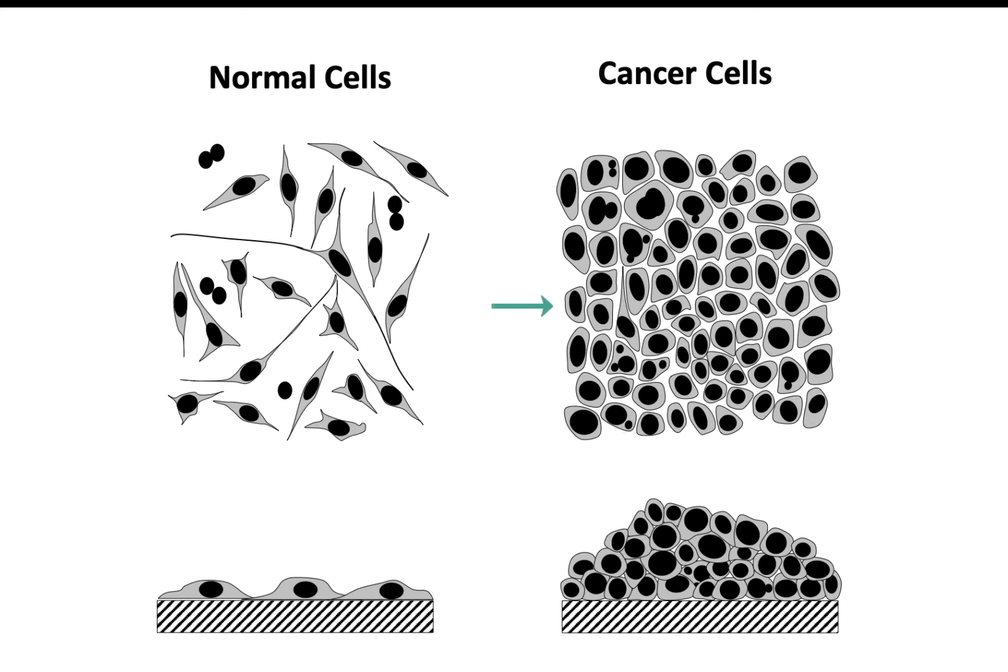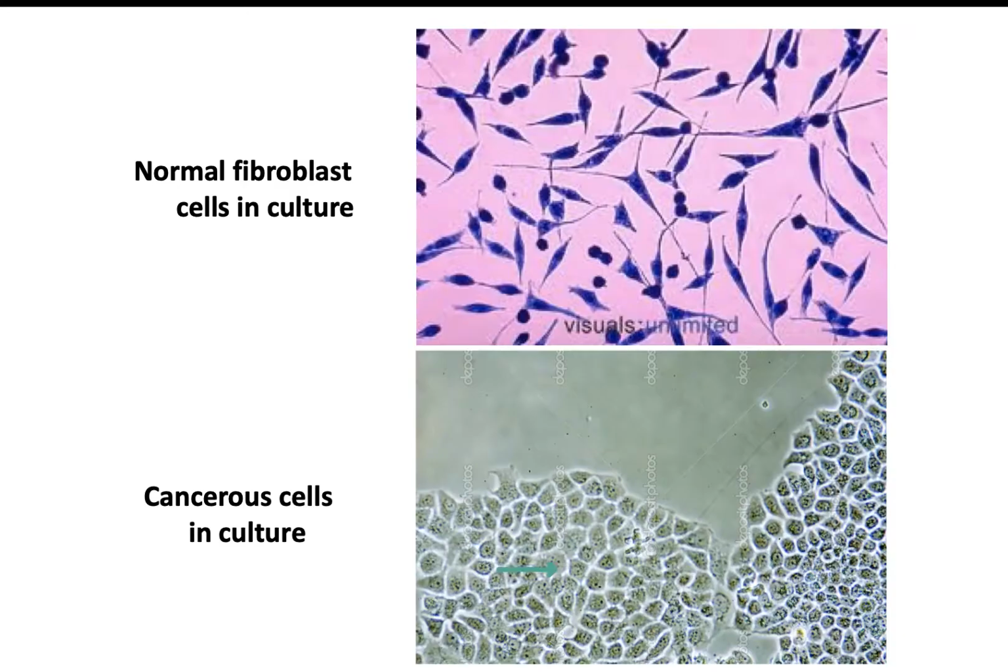Furthermore, they keep growing until they've reached the limit of the Petri plate, and they'll start to pile on top of one another and form not just a monolayer, but a multilayer. And if you let them keep growing, they can actually grow out of the plate, if you give them enough nutrients anyway.